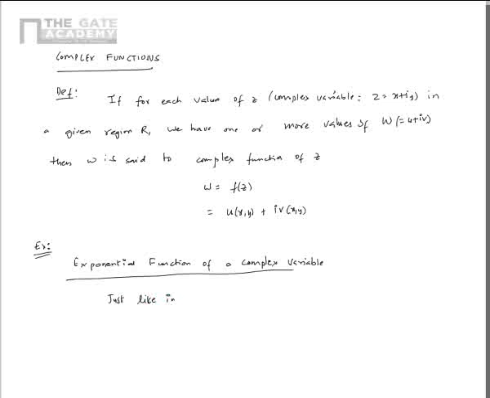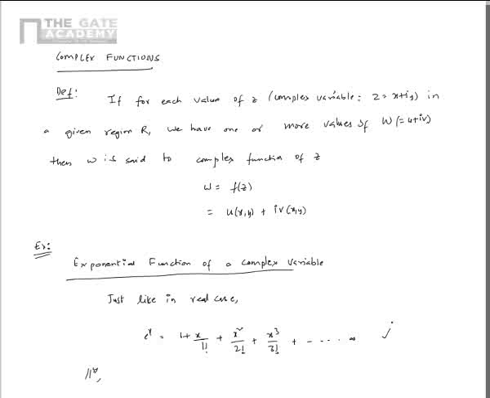Just like in the real case, e power x is defined as 1 plus x by 1 factorial plus x square by 2 factorial plus x cube by 3 factorial, similarly till infinity. So this is how the exponential is defined in the real case. If you have a doubt, you can go back to the Taylor series and expand e power x. This is how it will come.